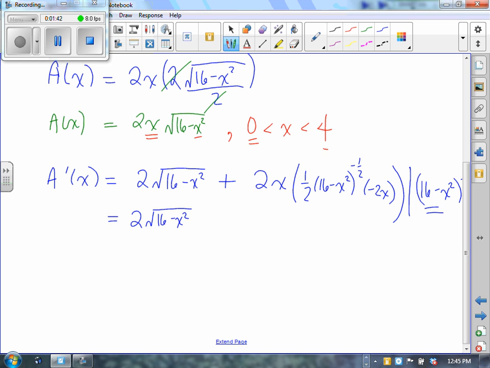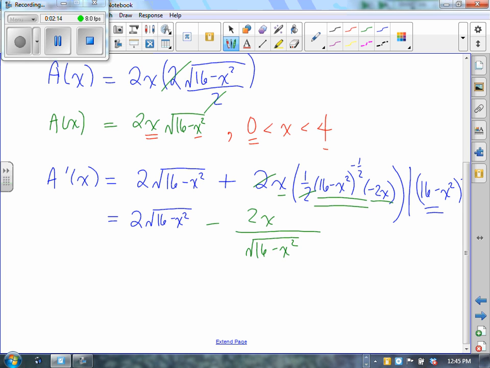So as you can see over here, the second term, these 2's will cancel. So it looks like we have minus 2x and x in the numerator. So that's going to be minus 2x, and in our denominator, we will see this expression here. So we'll have the root of 16 minus x squared.